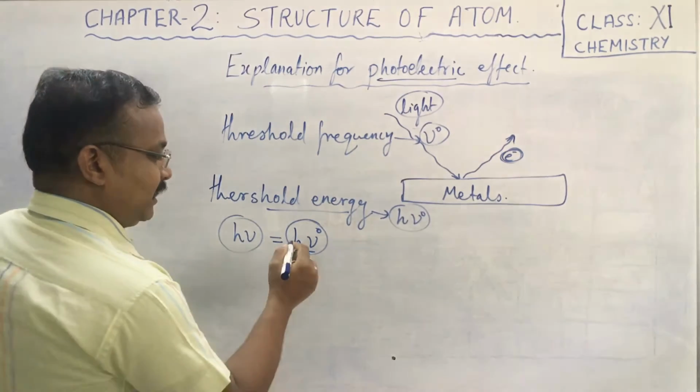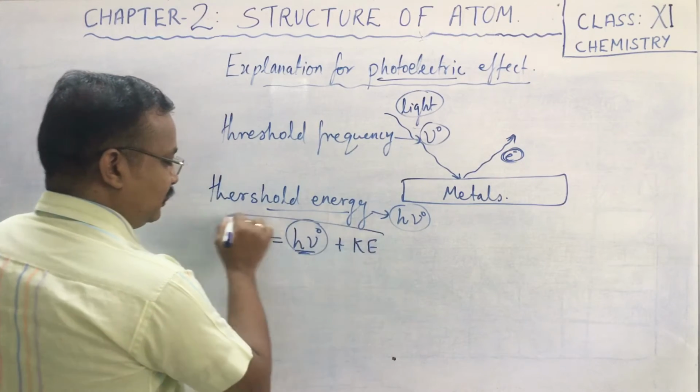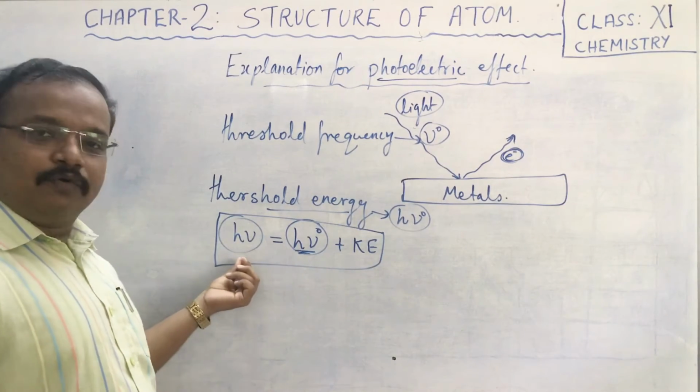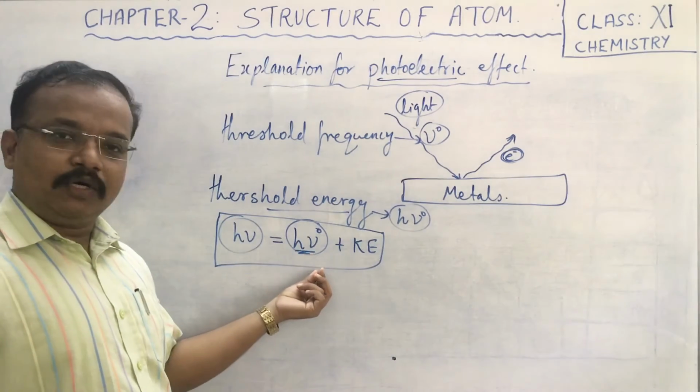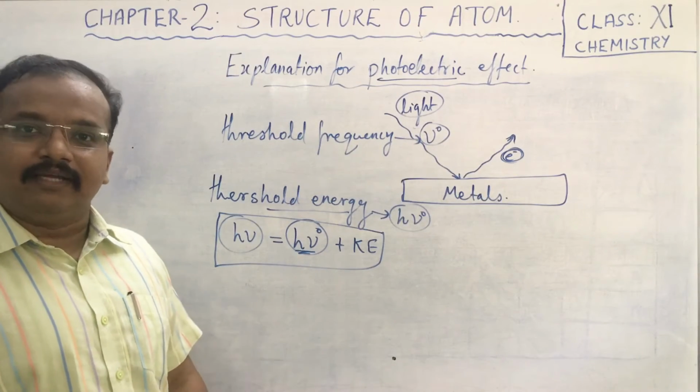This threshold energy plus the kinetic energy of the emitted electron. So the energy of the photon is equal to the threshold energy plus the kinetic energy of the emitted electron.